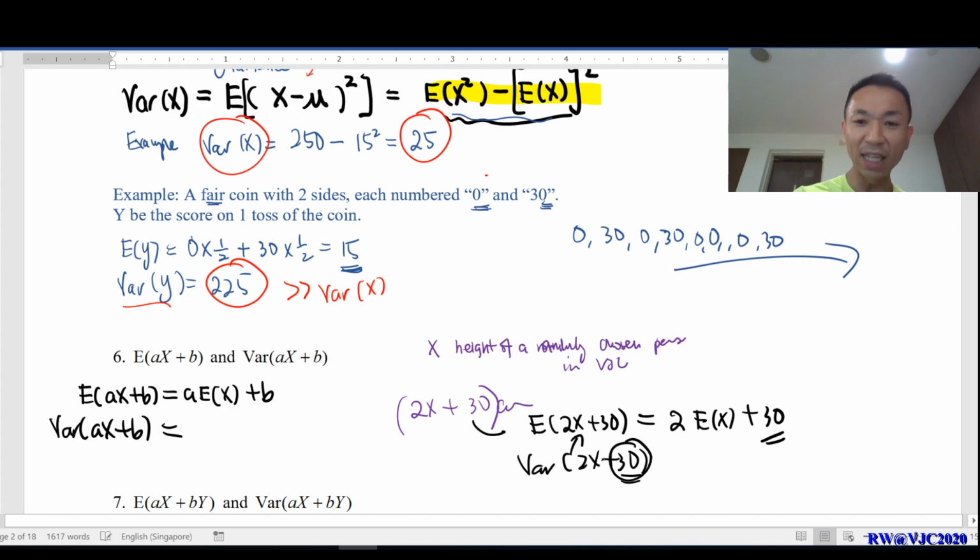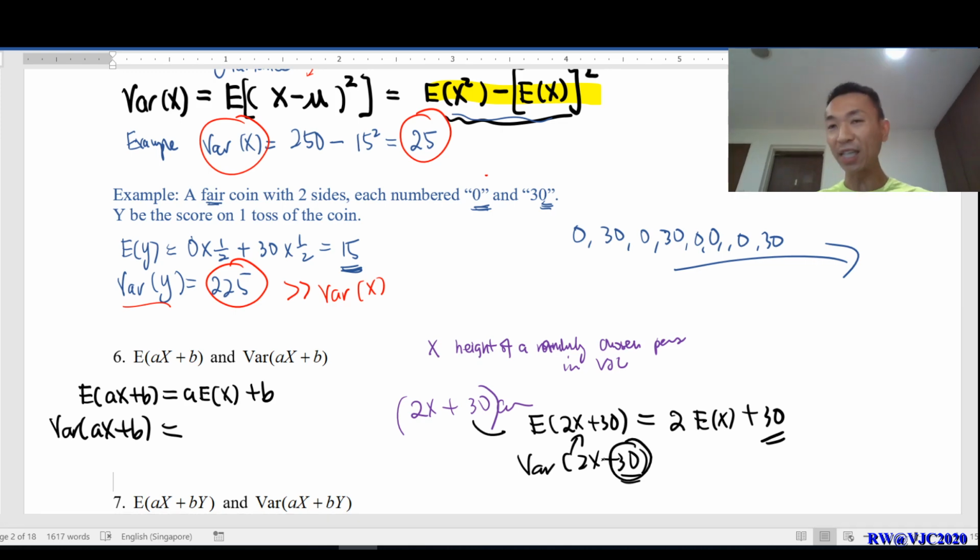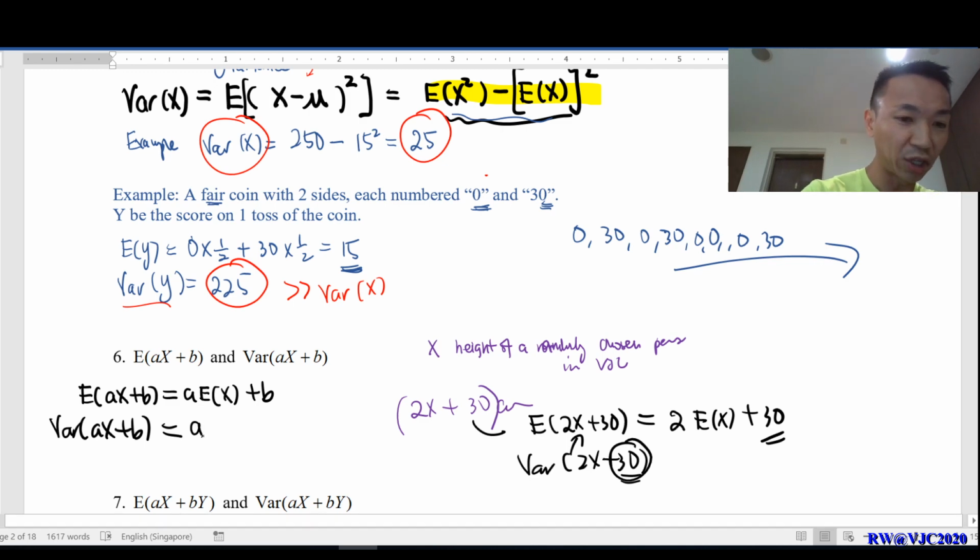If you add 30 to all the values, will it affect the spread of the data? That means you are asking all the students now to stand on a 30 cm stool. Will it affect the spread of the data? No, it wouldn't. If they are this much apart, they are this much apart. So it wouldn't.